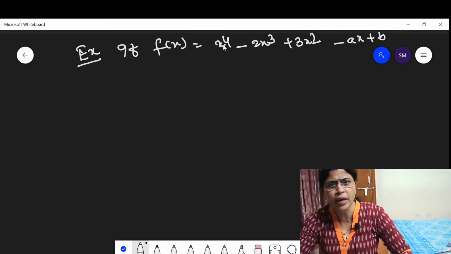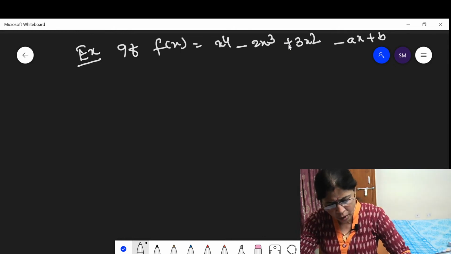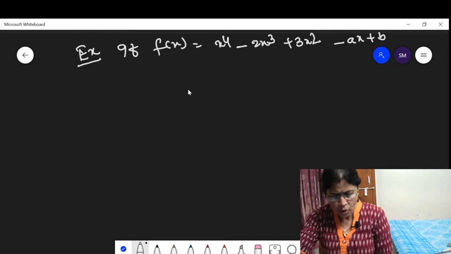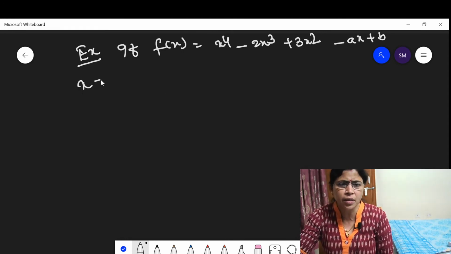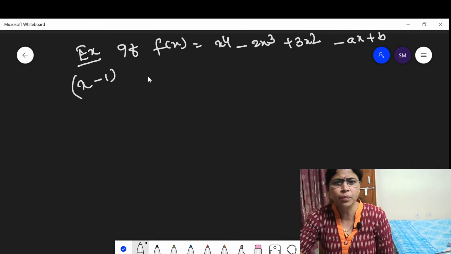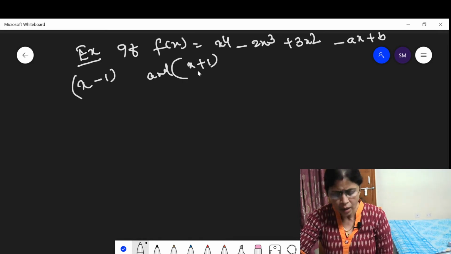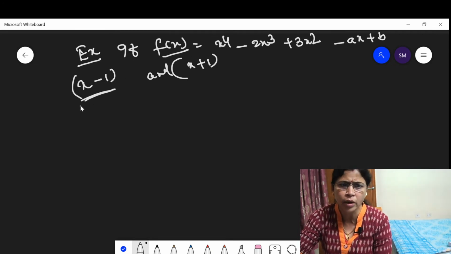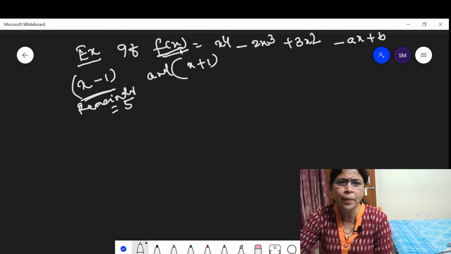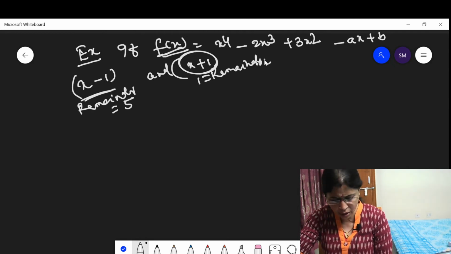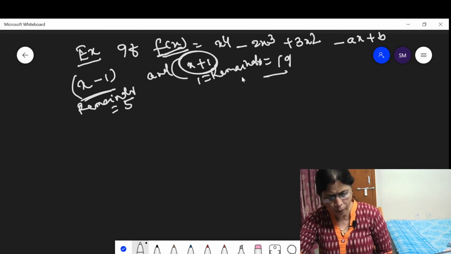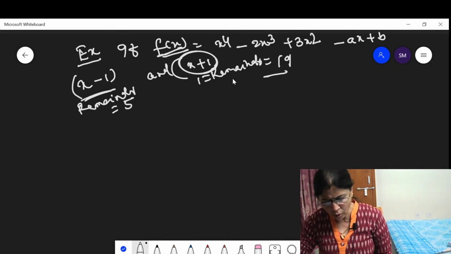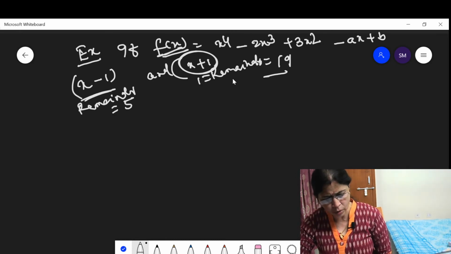This is the polynomial such that when f(x) is divided by x minus 1 the remainder is 5, and when f(x) is divided by x plus 1 the remainder is 19. Find the value of a and b.